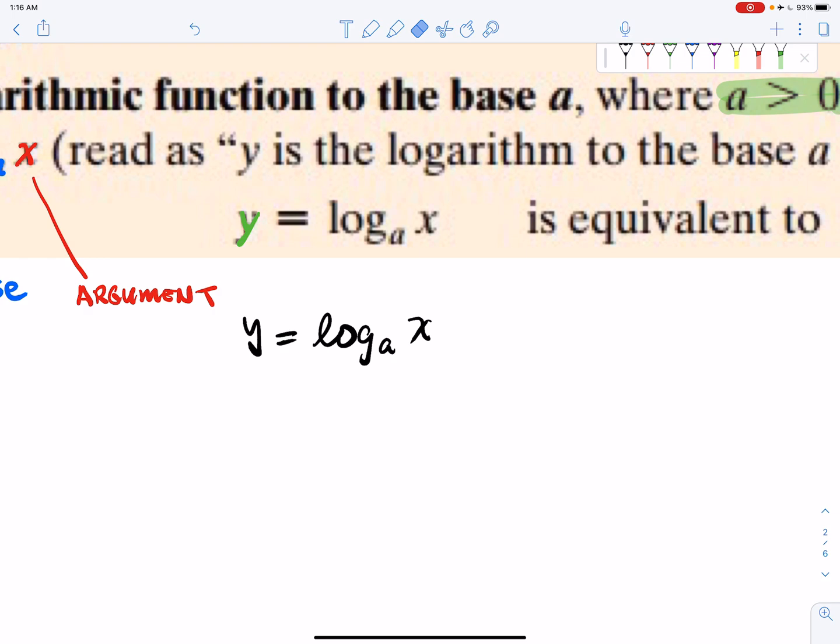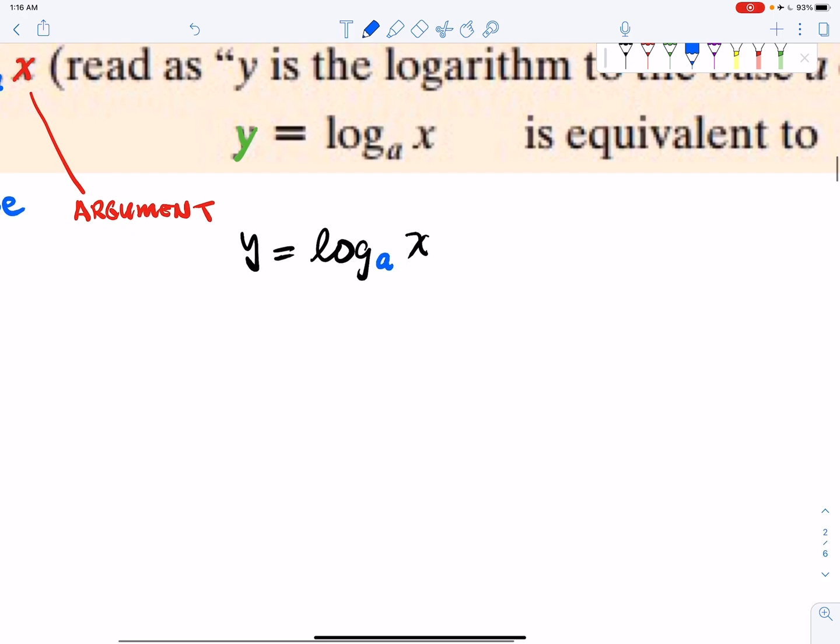Now let's see how we convert this to its equivalent exponential form. It goes both ways: you could go from exponential to log or from log to exponential. The base of the log is the base of the exponential, and that's the first thing I start with.